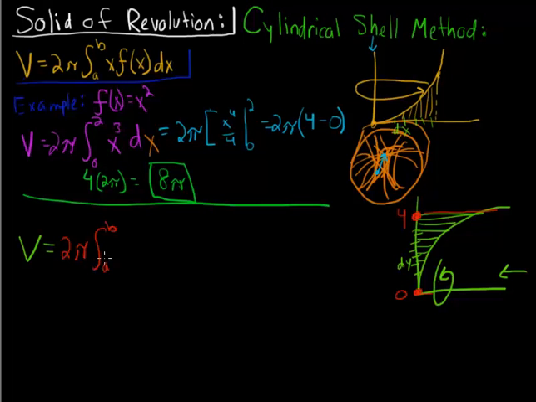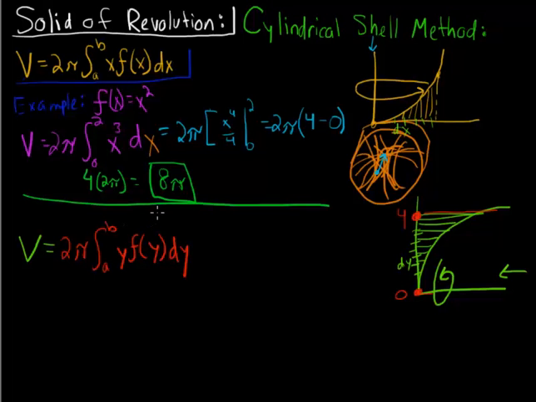So from a to b, or c to d, whatever you want to do, of y times f of y, dy. And f of y is just x, so you could say xy.